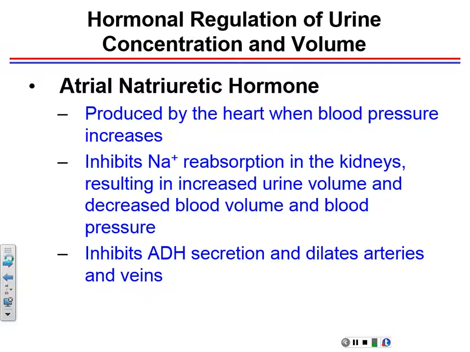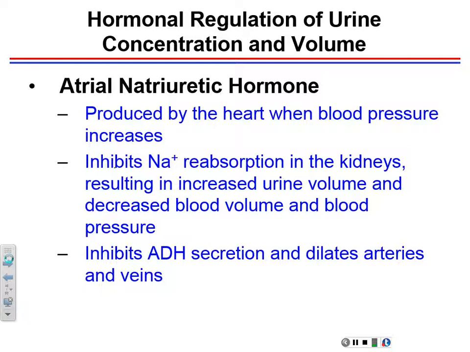And then atrial natriuretic peptide is released when there's a lot of blood and the atria get stretched by too much blood coming back to the heart. It will release atrial natriuretic peptide, okay? And then it will go to the kidneys and cause the kidneys to excrete more sodium, and then you lose more water, okay?